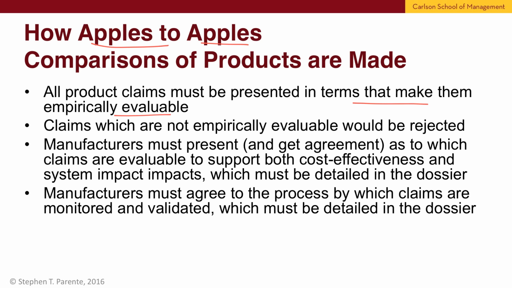The claims must not be rejected. Manufacturers must present and get agreement as to which claims are going to be able to be supported in their cost effectiveness analysis to look at what goes on with the system impacts at the national level and basically what fits the dossier. And then the manufacturers must agree to a process for what is going to be monitored and validated in the long term so that that could be detailed also in the dossier.